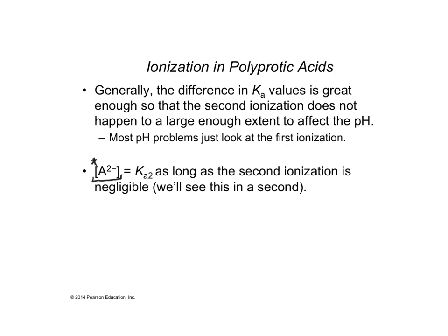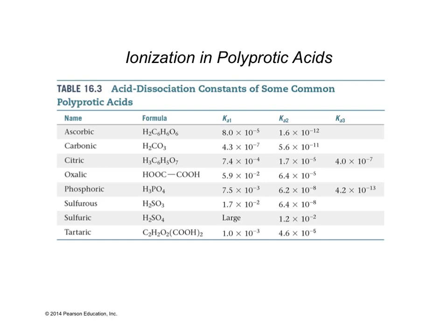Here's a nice little chart of a couple of these polyprotic acids with their corresponding Kas. If you go through these, you will note that the first Ka is much larger than the second Ka, and so on. For the majority of these, all of their first Kas are weak; they're all much less than 1. There's only one exception to that.